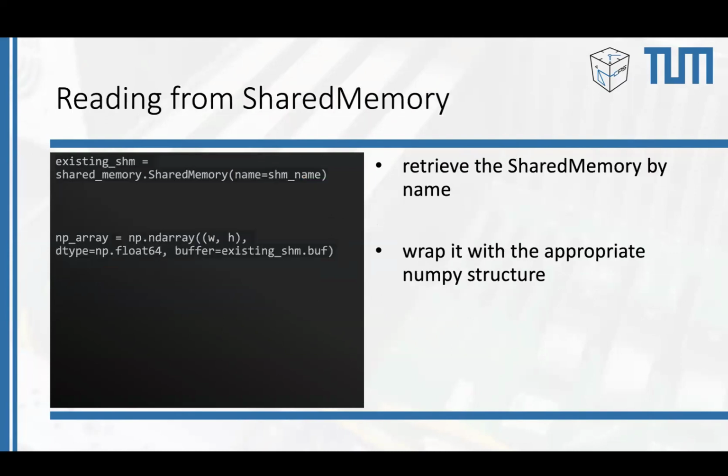Alright. So how do you read from shared memory? Well, pretty easy. You pass the shared memory pointer or name to the process, and then you use this initializer, shared_memory.SharedMemory with the name. Now you have access to the shared memory, and then you wrap it into a NumPy array, as we did before. So ndarray, dimensions, type, buffer.